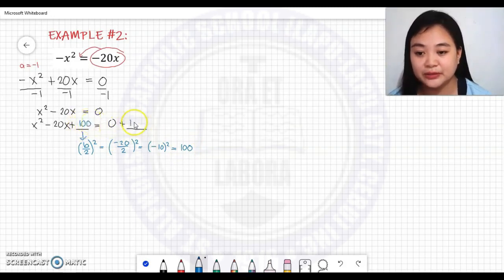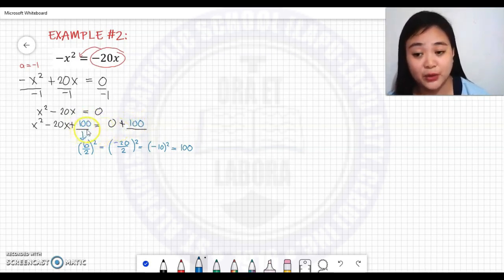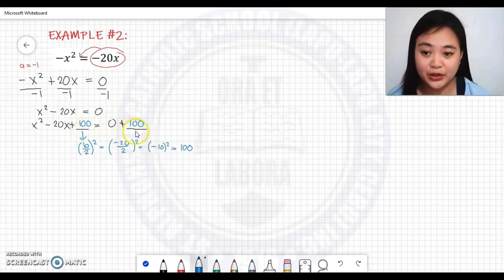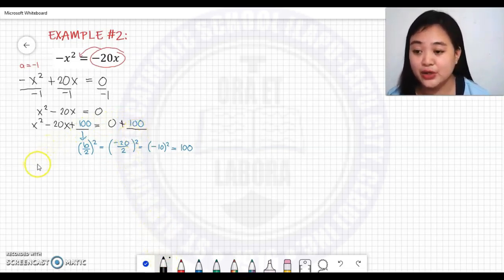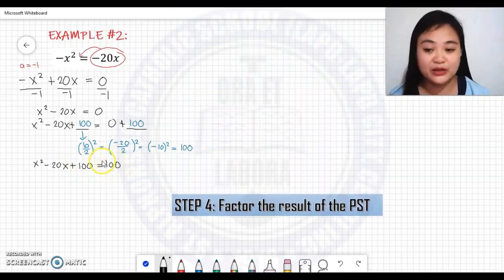Okay, 100. The third term is 100, and if you add 100 to one side of the equation, of course, you will do the same on the other side as well. So now let's proceed. We will simplify: x squared minus 20x plus 100 equals 100. Now we will factor it out.